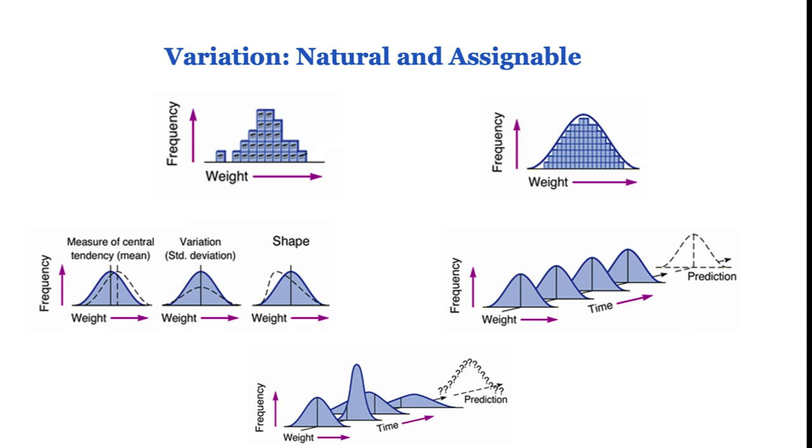So again, if assignable causes of variation are present, the process output is not stable over time, and as a consequence is also not predictable. In other words, when causes that are not an expected part of our process occur, our samples will generate unexpected distributions that vary by central tendency, standard deviation, and shape.